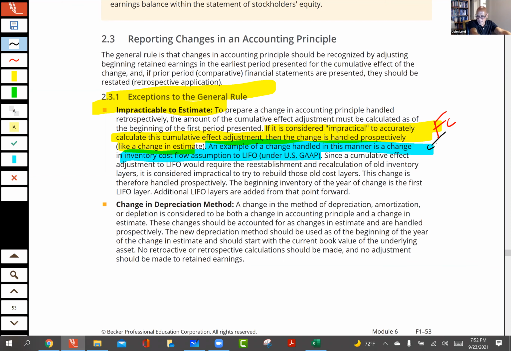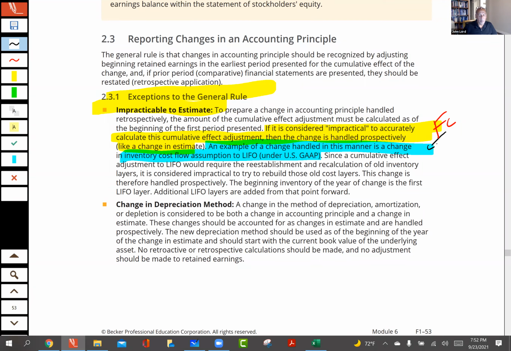Now I'm saying last in, first out, I sold you the new stuff first and the old stuff is still here. Meanwhile, they may not have the accounting records that allow them, if you're Macy's, to go back to 1800-something and say, this is the stuff that used to be here that I'm now saying is still here. So they put that provision in there.